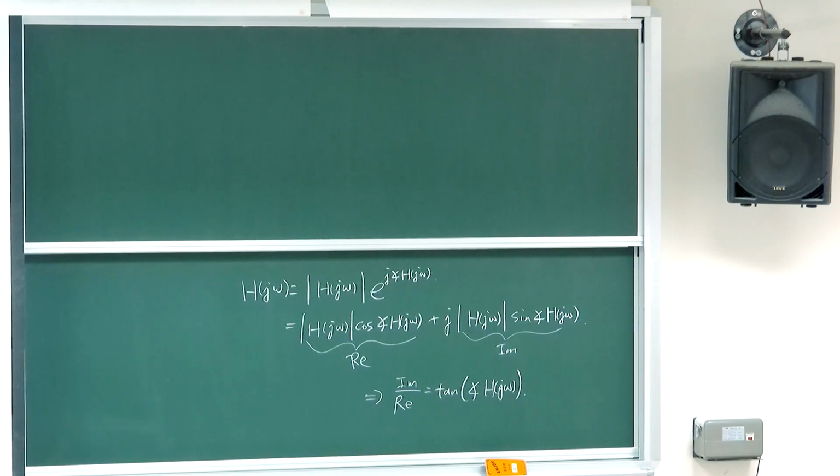So this phase is arctangent of the imaginary part divided by the real part. This term cancels out. Arctangent is an odd function, so I can move the negative sign outside. So this can be written more concisely as minus arctangent of omega RC.